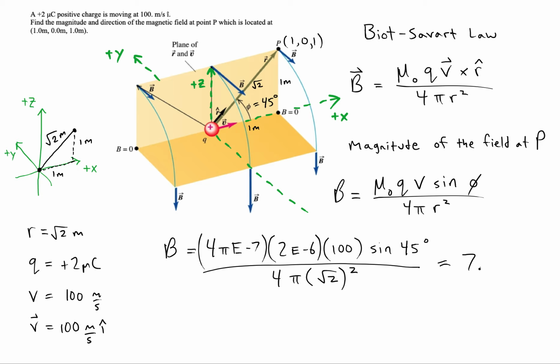Okay, I'm getting 7.1 times 10 to the minus 12 Teslas.